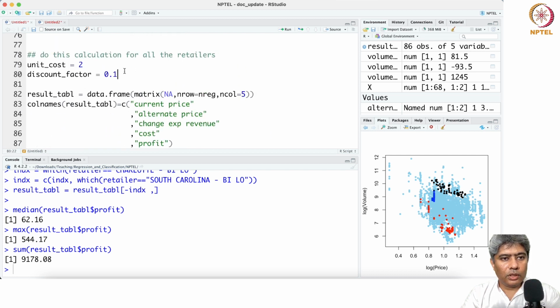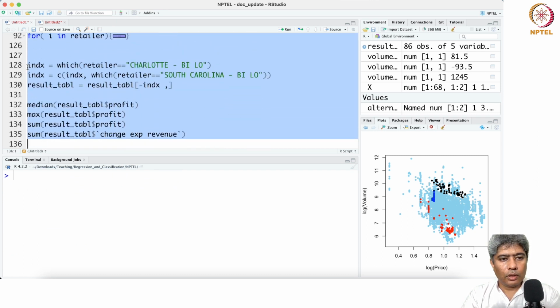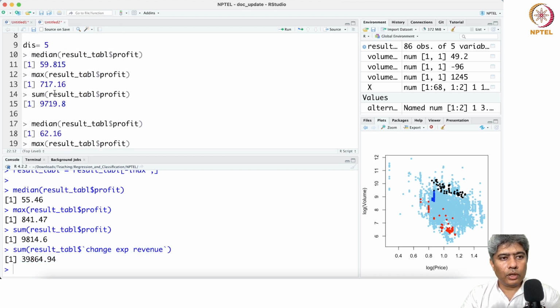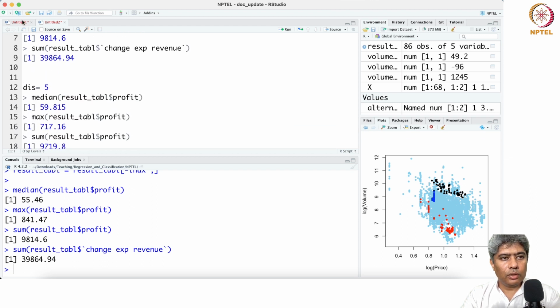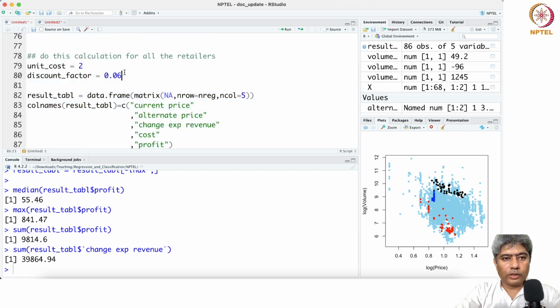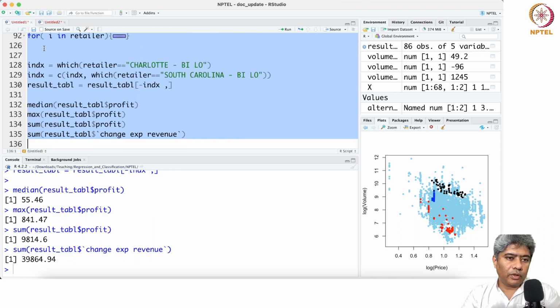So at 0 discount, what happens is my total revenue is $39,000. When I'm giving 5% discount, my total revenue is $46,000.